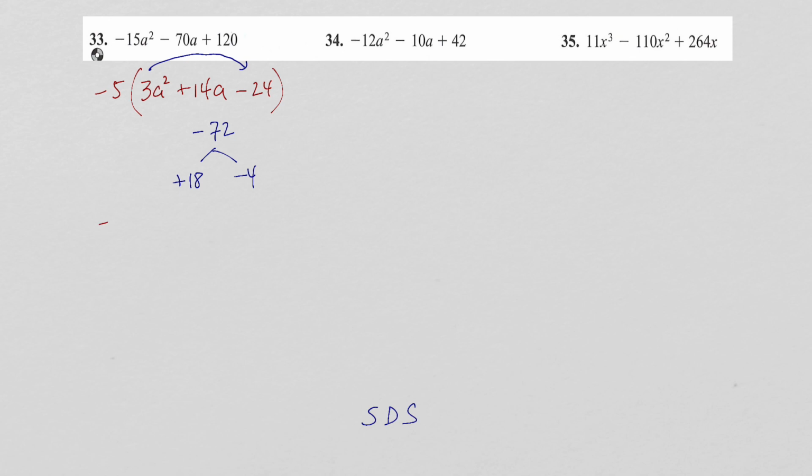So I have my negative 5 sitting there, and now I have, this is an a this time, so a plus 18 and a minus 4. That's my slide part. My divide is I'm going to divide by the number I slid over, which was the 3 this time. And then I'm going to reduce those fractions if I can.